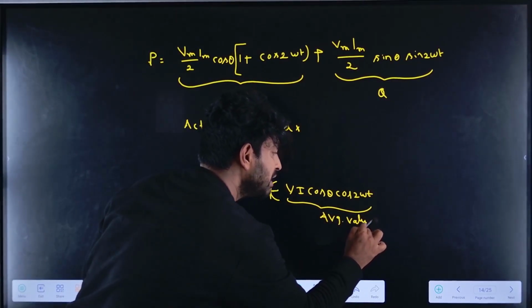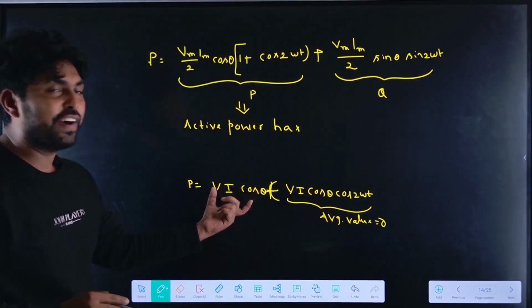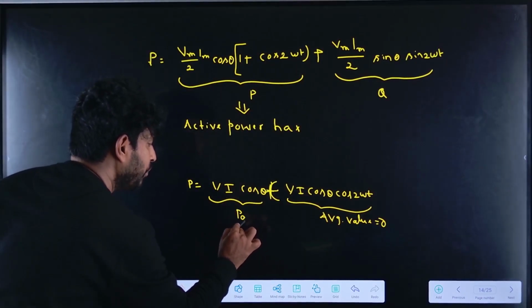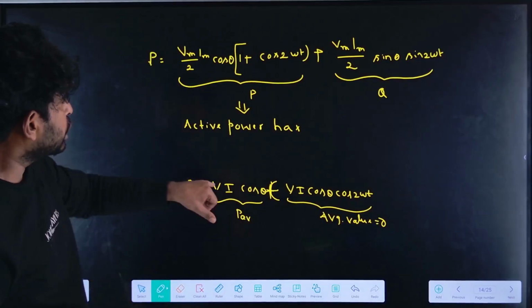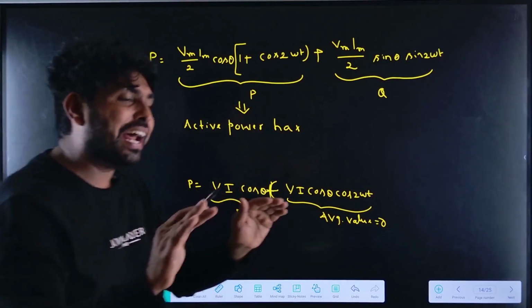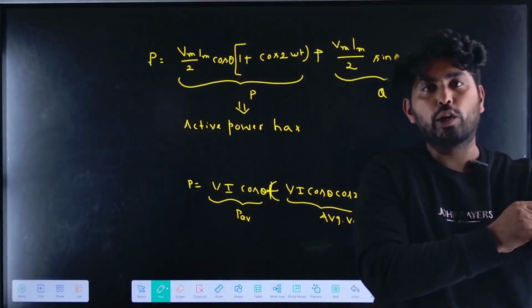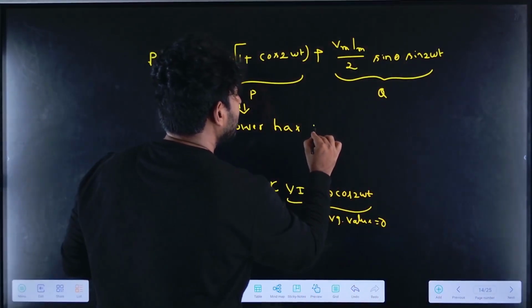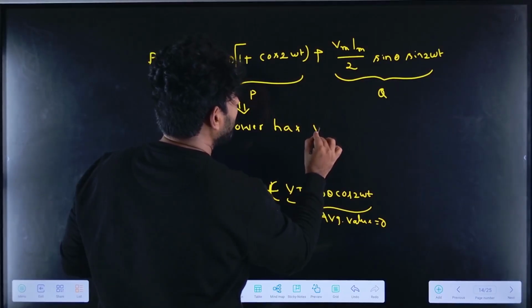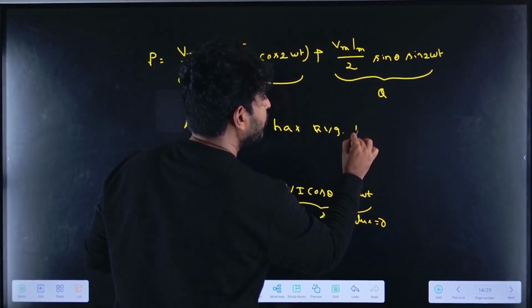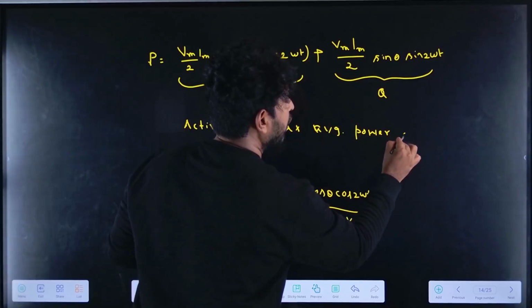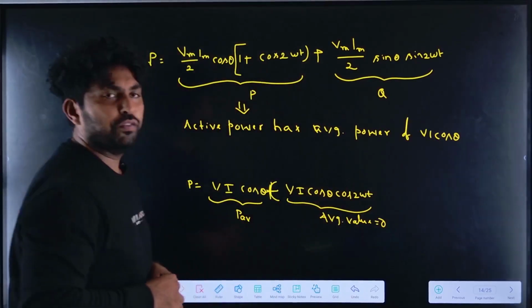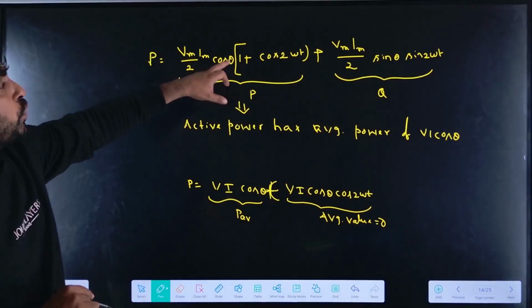So the active power has an average power of VI cos theta, which is very important, with twice the frequency.